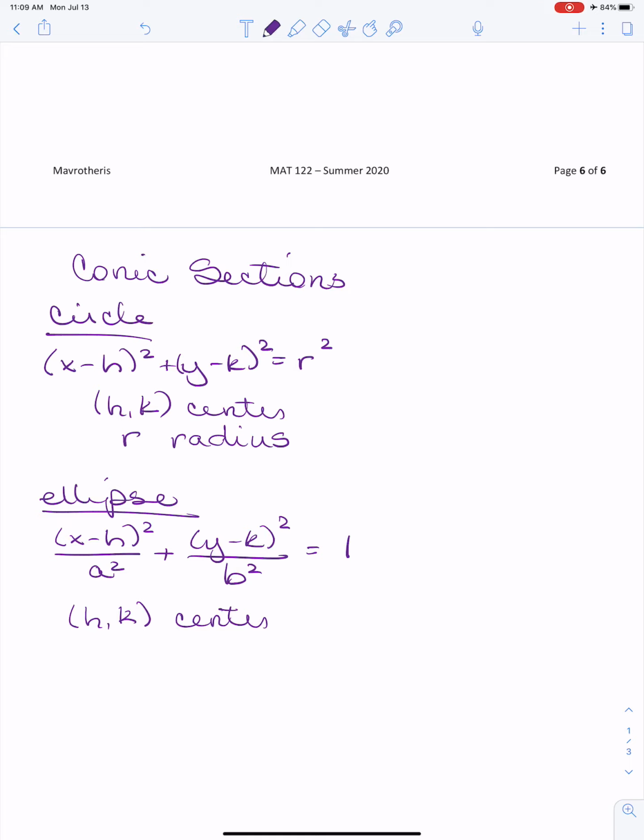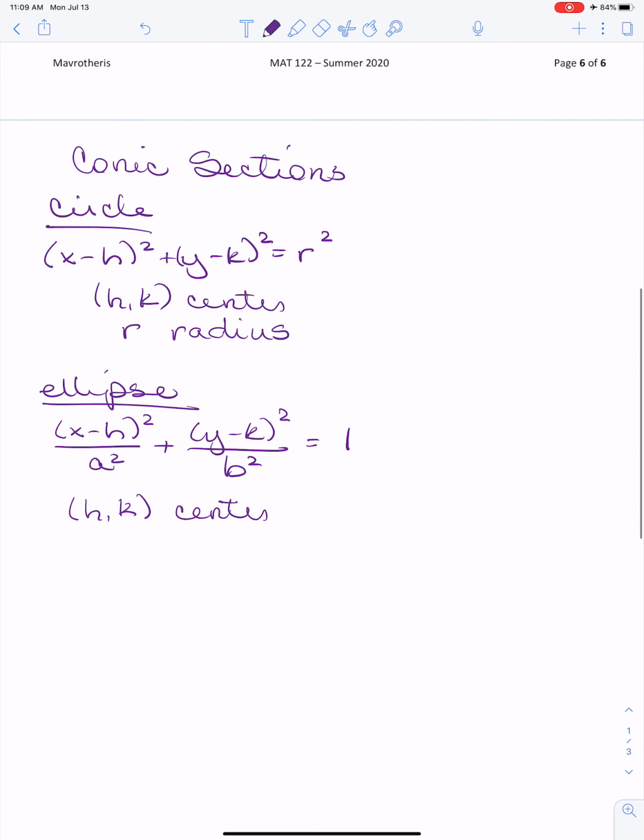We have the equation of a parabola. Actually, two equations.